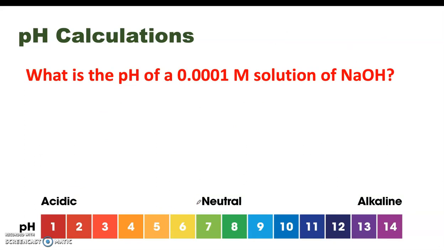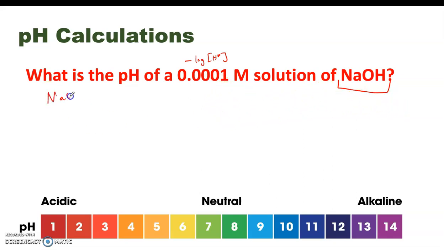So now we got another one though. This one, I wouldn't recommend pausing this one and trying it, because this one's got a new twist to it. I'll have you watch this one first. The big difference here is that this is a base, this is an acid. This isn't an acid, so you can't just plug this into the negative log of the H plus concentration anymore, the H3O, because this isn't an acid anymore.